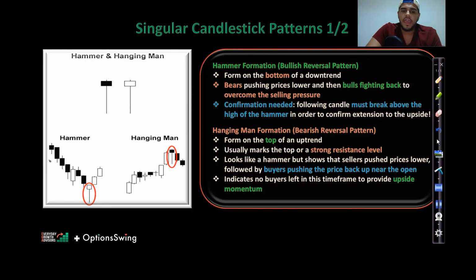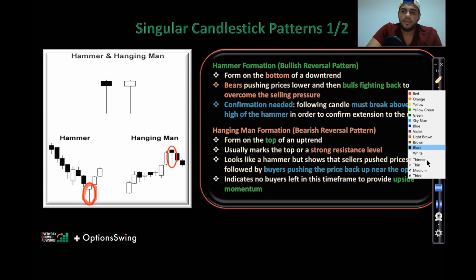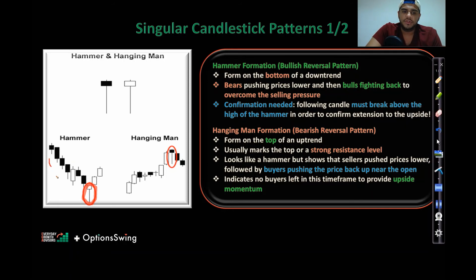Now, with the hammer, you're looking at this kind of candlestick to appear after a downtrend. Now the downtrend, as you can see, is here. And once you see the hammer appear, which looks exactly like a hammer, you need to wait for a confirmation for the next candle, its body, to close above the high of the hammer.